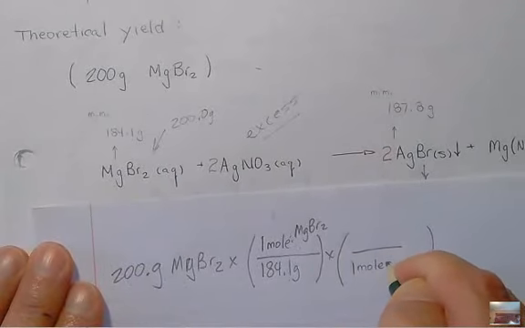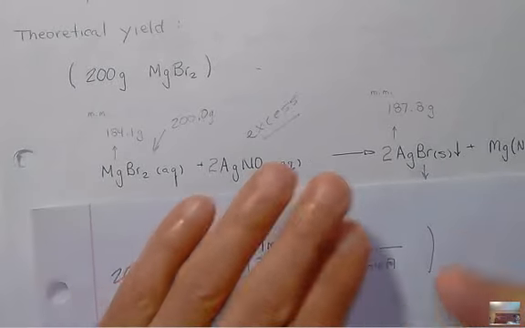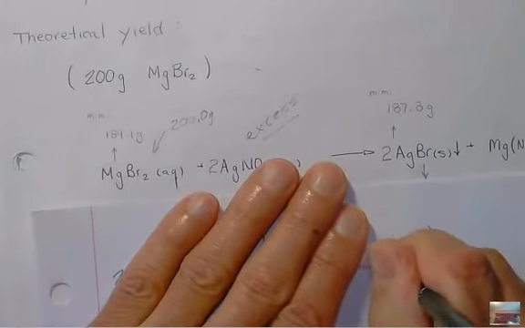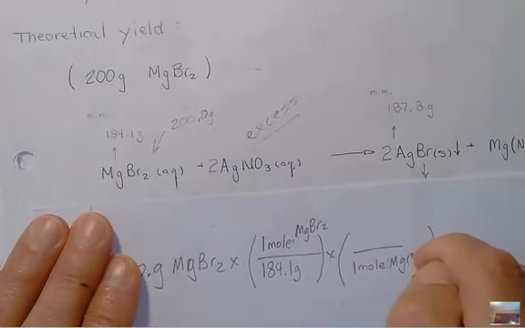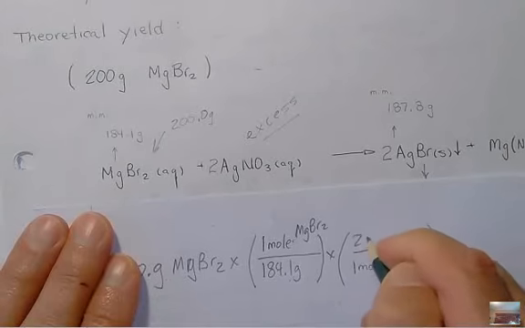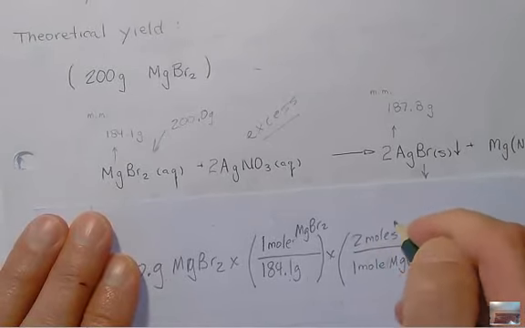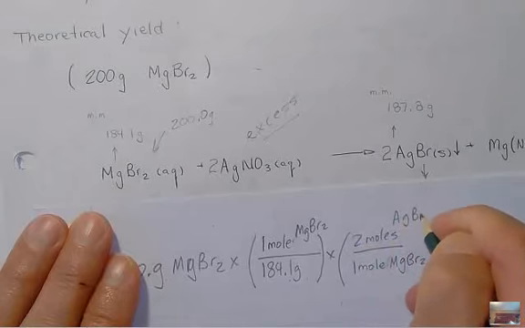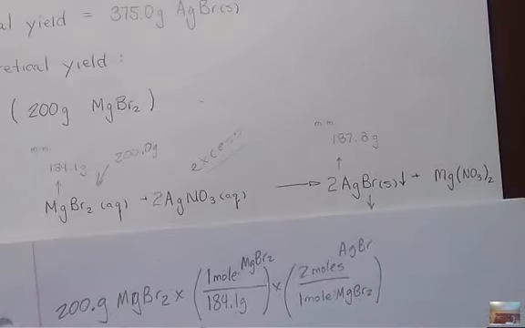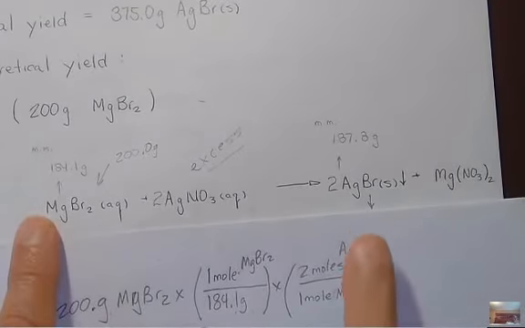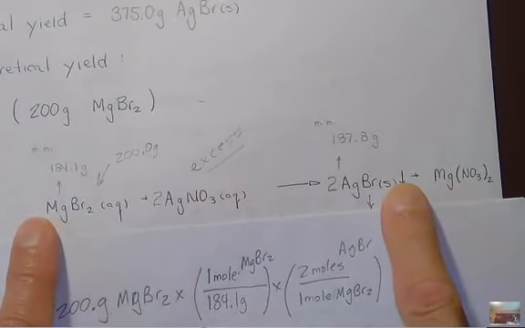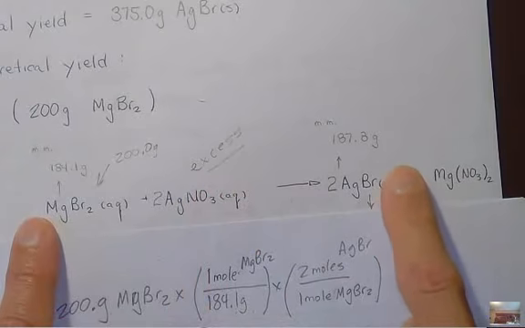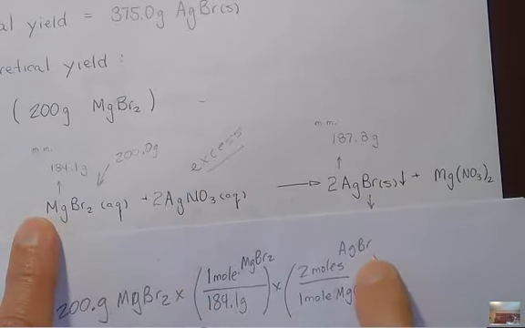Doesn't cut it down, it makes it more. 1 mole MgBr2 goes in, 2 moles AgBr comes out. Where does that come from? 1 to 2 relationship. This is in excess, I don't care about it, nobody asked me about this. This little arrow is the same thing as putting a solid, it precipitates. So we're going to collect this precipitate.